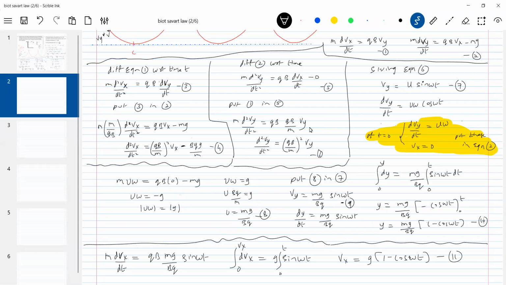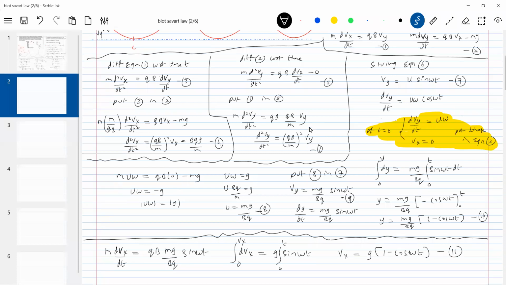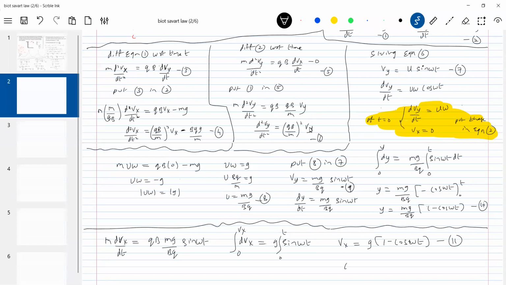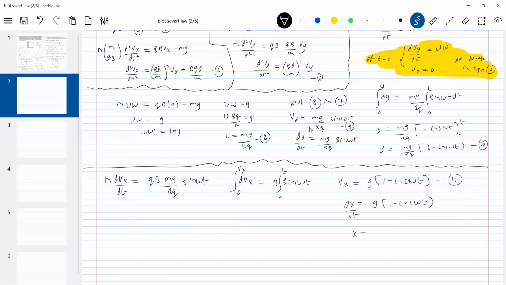Equation 11. dx by dt is equal to g 1 minus cos omega t. G by omega. What is omega? We equated G by omega.